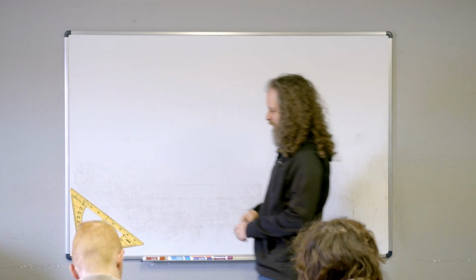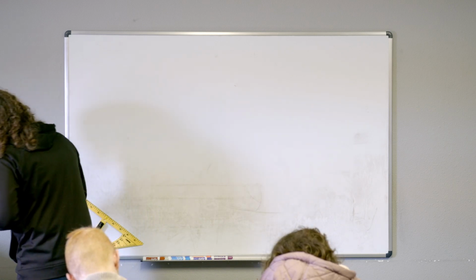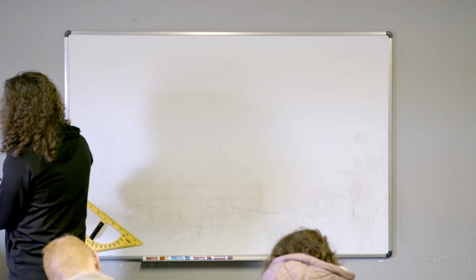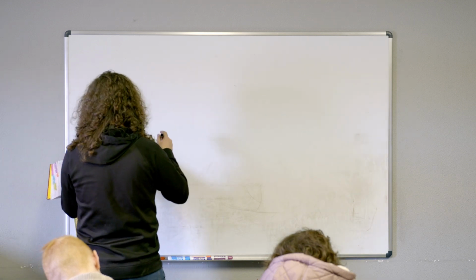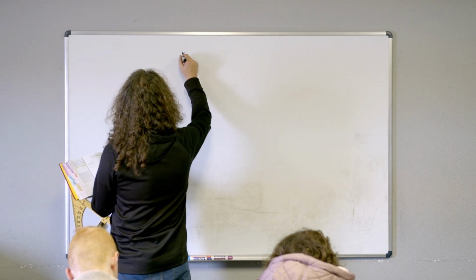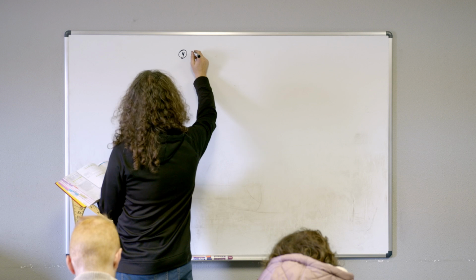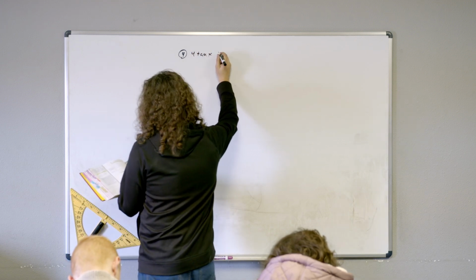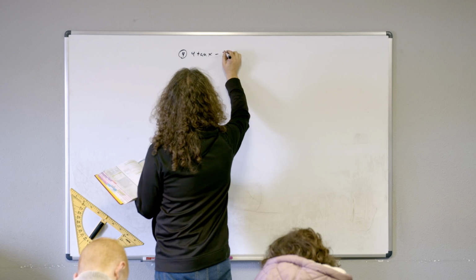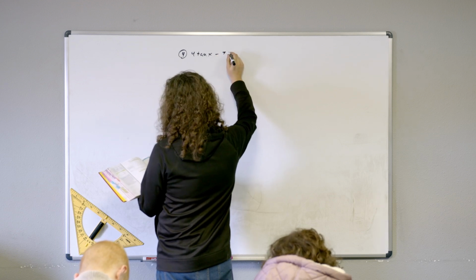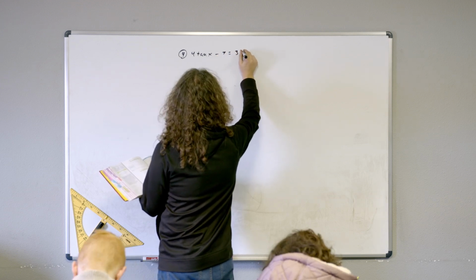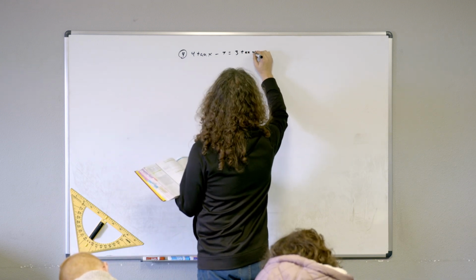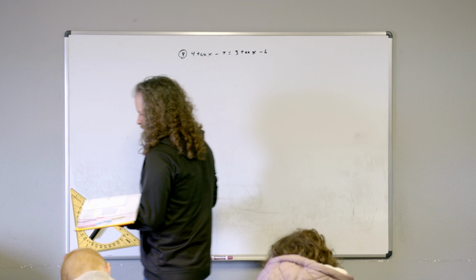Do we need to do 4? Yeah, because that's the only one where I didn't make the square root mistake, and I'll load it. Okay. 4 times the tangent of x minus 7 equals 3 times the tangent of x minus 6.